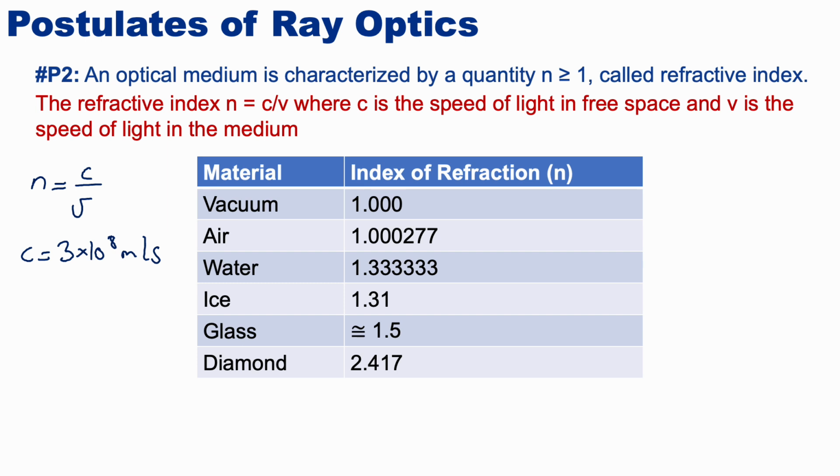Because light cannot travel faster than in free space, the refractive index is greater than or equal to 1, and this is a hard limit. If you ever get a value of the refractive index lower than 1, that usually means you used the ratio v over c instead of c over v.